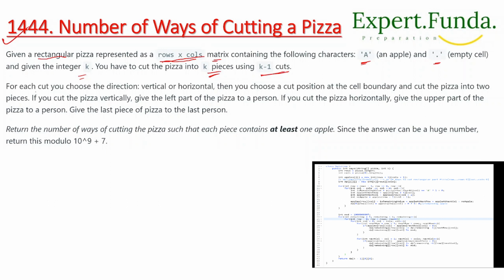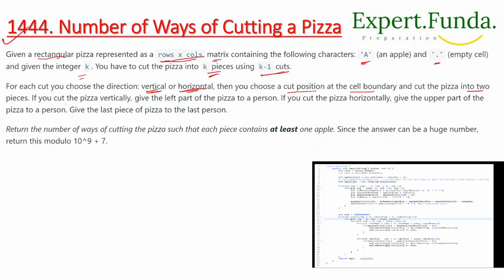For each cut, you choose the direction, vertical or horizontal. Then you choose a cut position at the cell boundary and cut the pizza into two pieces.